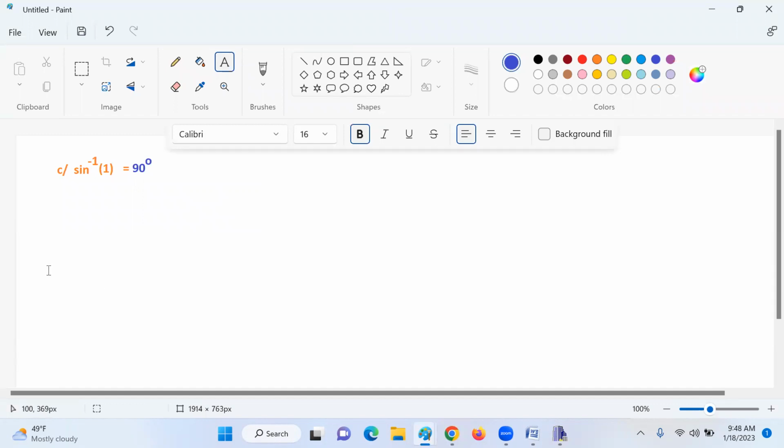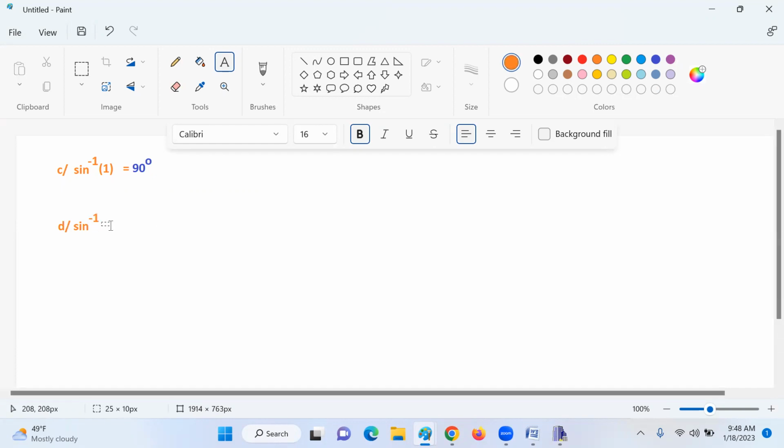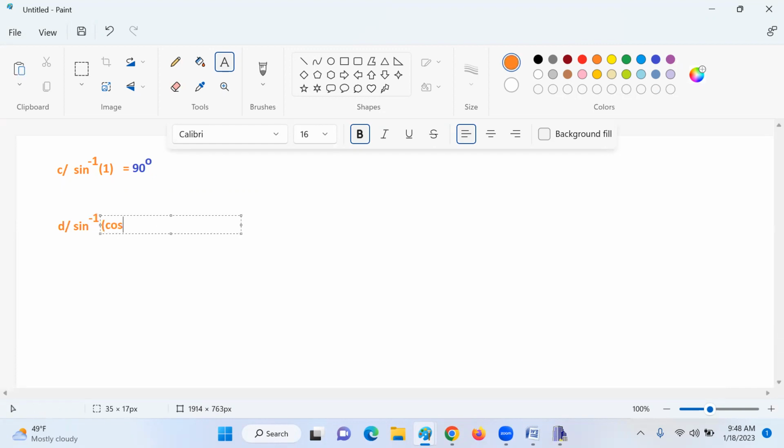All right, so now we're going to go to a really hard one. So now let's say the inverse sine of the inverse cosine of radical 2 over 2.